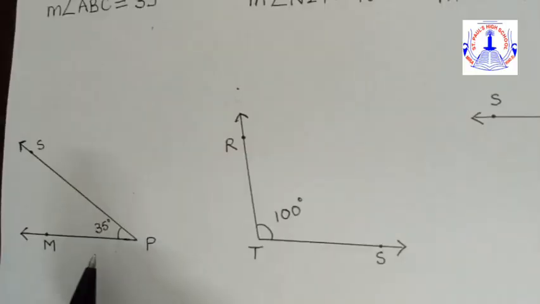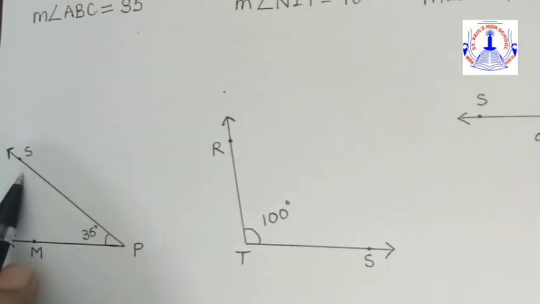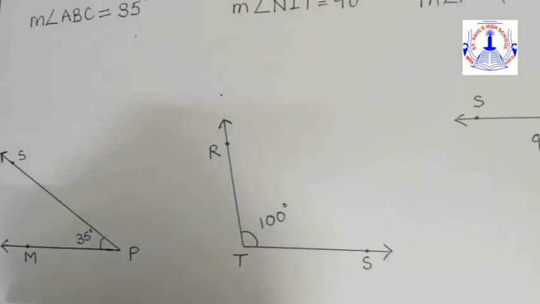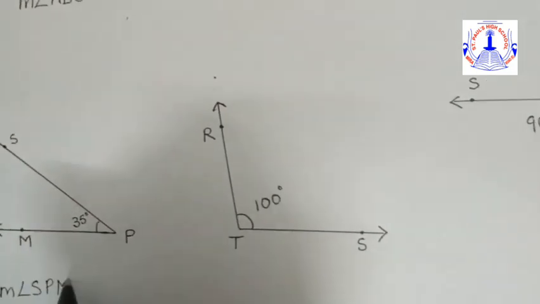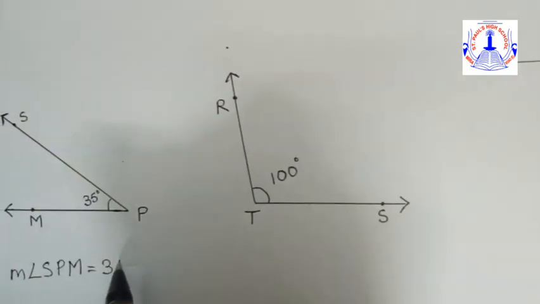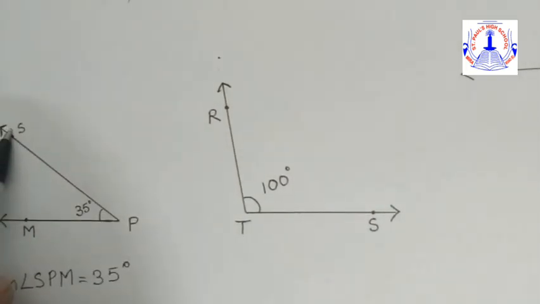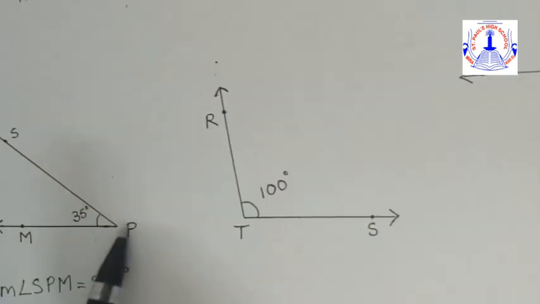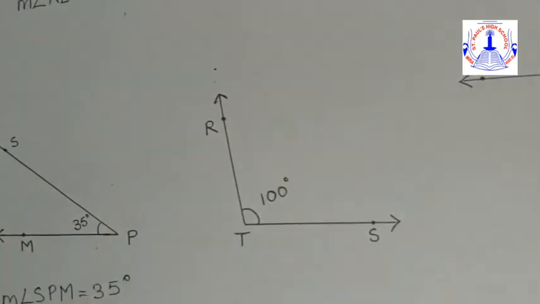Now here the angle is given on the other side, but the name of the angle will be SPM. We will write over here measure angle SPM is equal to 35 degree. Here you can write the name as MPS also. Both the ways you can write, SPM also and MPS also. Both the ways are right. Is 35 degree.